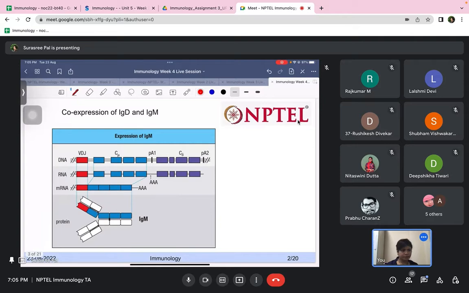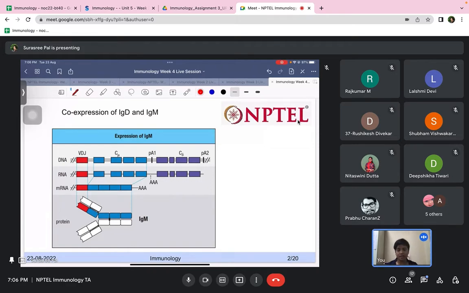But first, let me tell you, if you have already gone through the lectures of this week 4, you would also know that IgD and IgM are the first classes of antibodies which are produced. So the initial antibodies are of the IgD or IgM class.